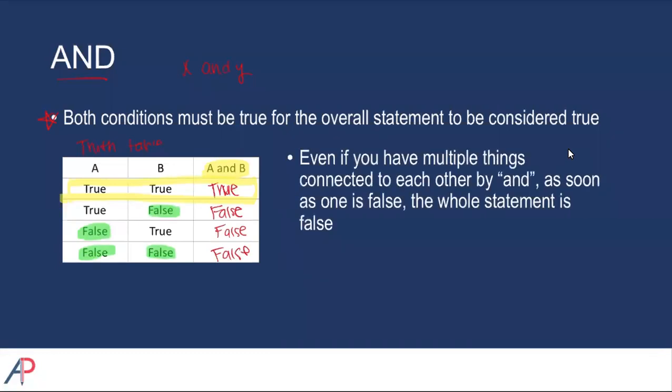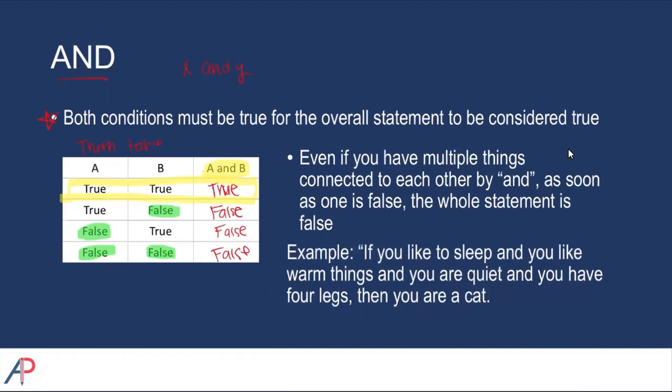Right here we just talked about two things, A and B, but even if you have multiple things connected to each other by an and, as soon as one is false, the entire statement is false. For example, if you like to sleep and you like warm things and you are quiet and you have 4 legs, then you are a cat. For me personally, I like to sleep.